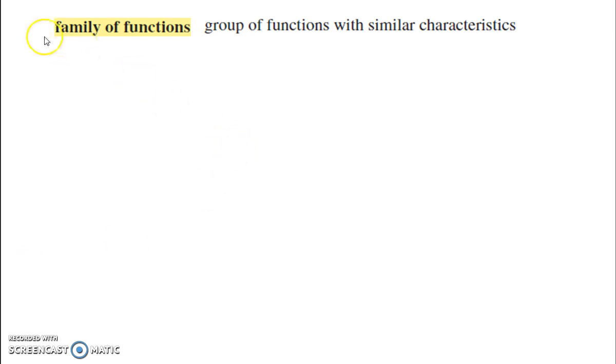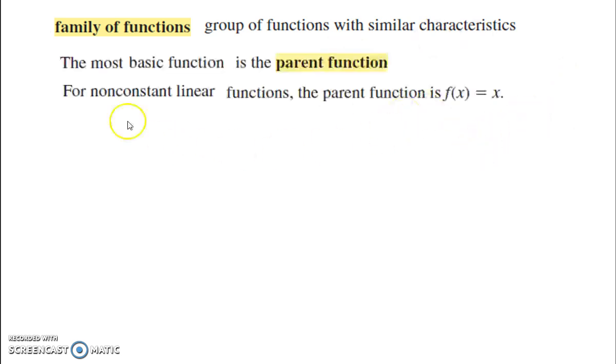So first, a few terms. Family of functions is a group of functions with similar characteristics. The most basic function in a family of functions is called the parent function. In non-constant linear functions, remember constant linear functions, constant was like y equals 5, which is just a horizontal line, right?